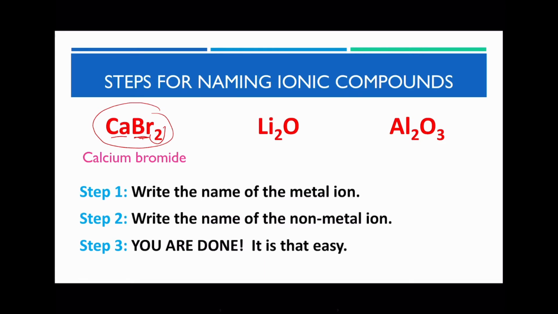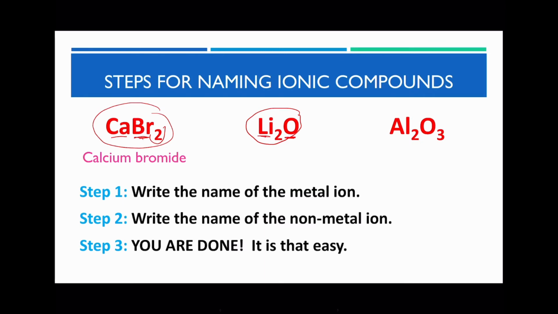Looking at the second example over here, this is the ionic compound. The metal component in this case is lithium. So remember, we don't change the name of the metal part. It's going to be lithium something. And the O over here represents oxygen. Oxygen is a non-metal, so we need to change the suffix ending of oxygen to "ide." So it becomes oxide.